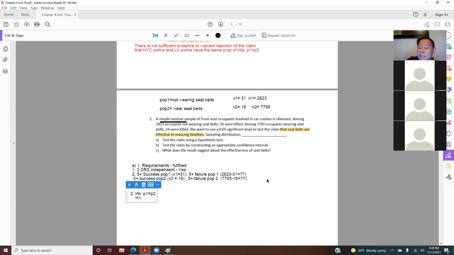But the alternative is the one that you need to watch out for. Can someone tell me what happens to your alternative if we say seatbelts are effective in reducing fatalities, reducing death in this case? Is it Lawrence? I cannot really hear you guys.